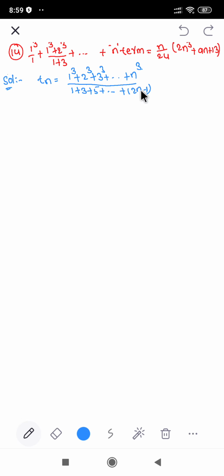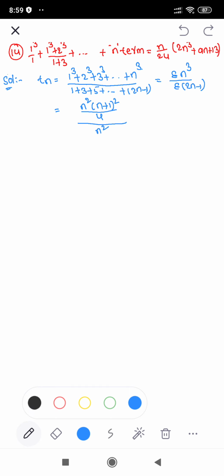So it is summation n cube by summation 2n minus 1. Already we have the formula: n square into n plus 1 whole square by 4, by the sum of odd terms formula n square. Here we can cancel n square, and the left out value is n plus 1 whole square by 4. This is our nth term.